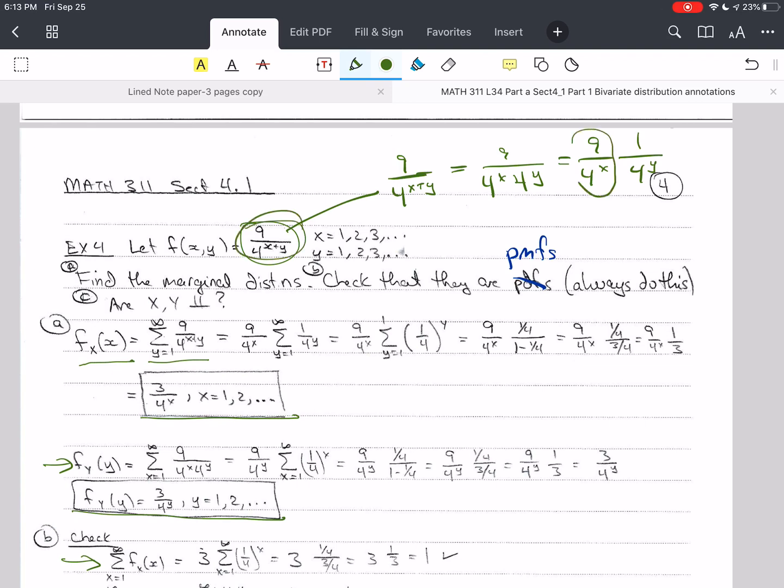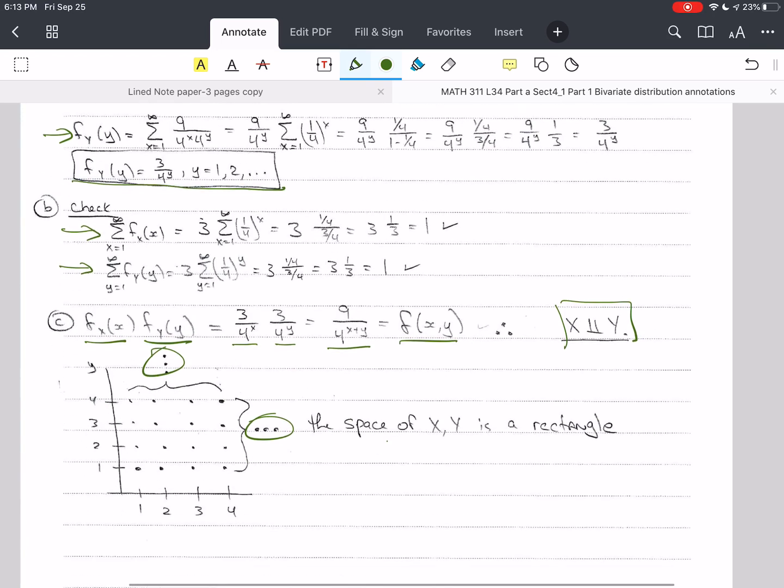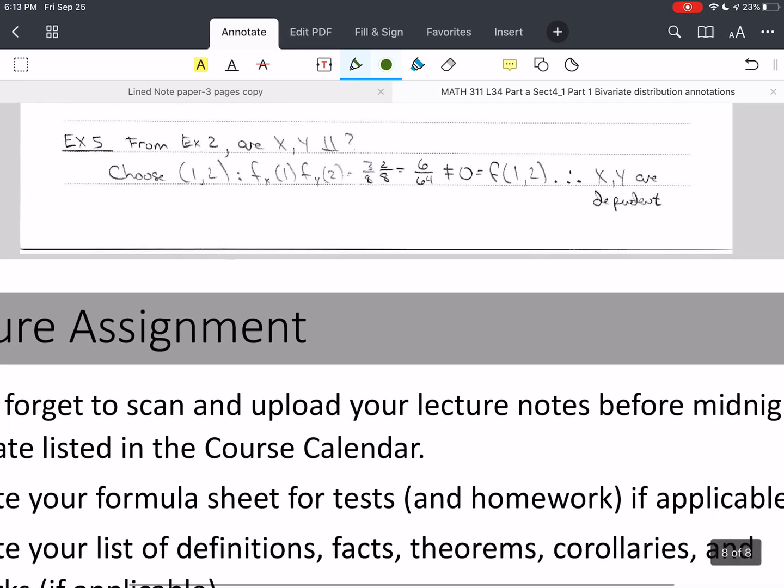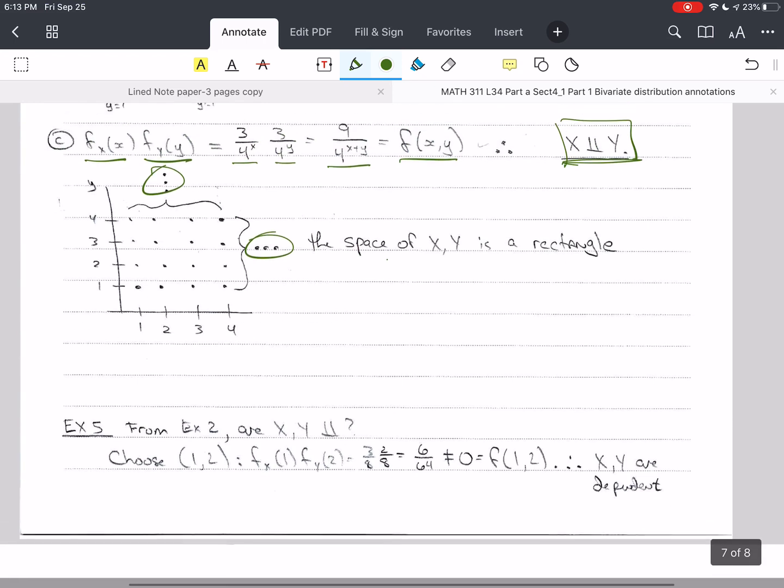This is a function of x only. This is a function of y only. They're not the marginal PMFs, but they're two functions, one of x, one of y. I multiply them together, I get the joint PMF, and I have a rectangular space, and we know that these are independent. So let's look at some remarks, and you can work this one on your own.